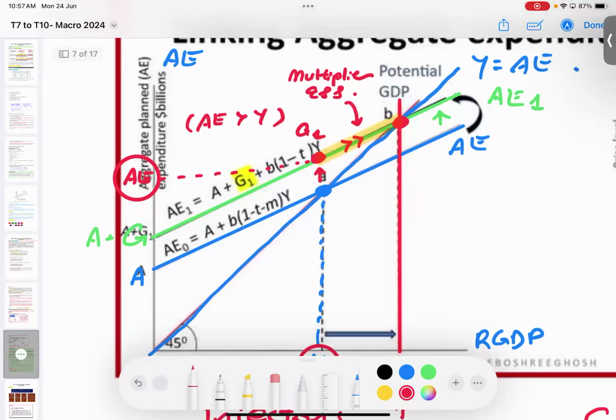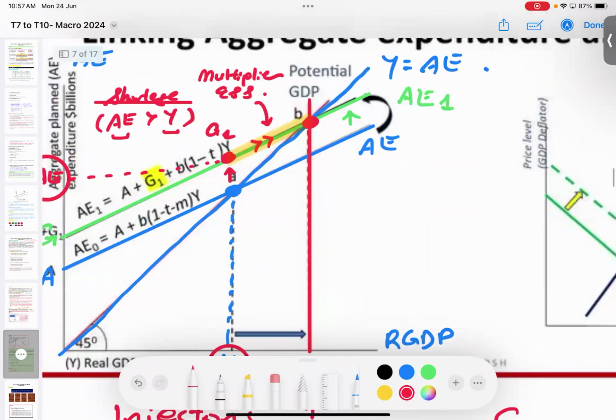Therefore expenditure is larger than output, and there is a shortage. So we use the multiplier effect to explain the movement to point B, in which point B is the potential output.